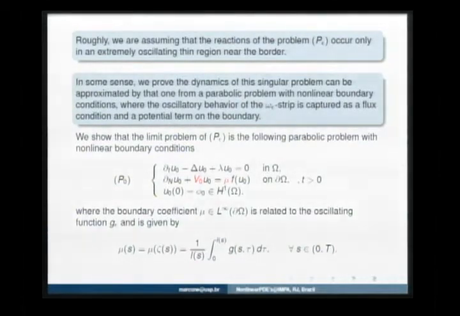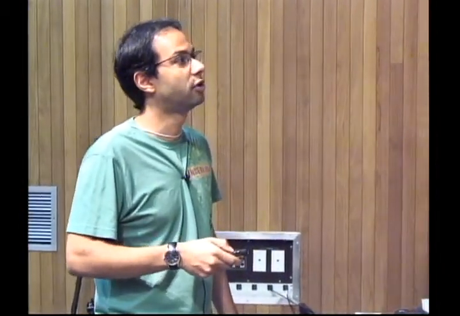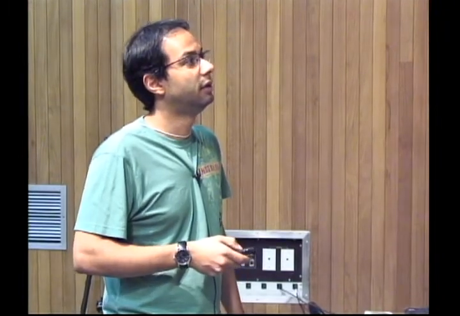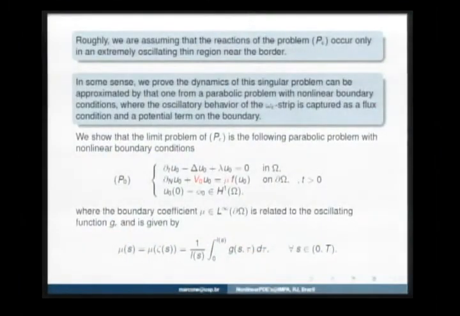So it's a kind of term that appears in homogenization problems, okay? So it's like an average of the function g. And it shows that the limit problem can capture this oscillation through this term here in the nonlinear part and the potential part too.